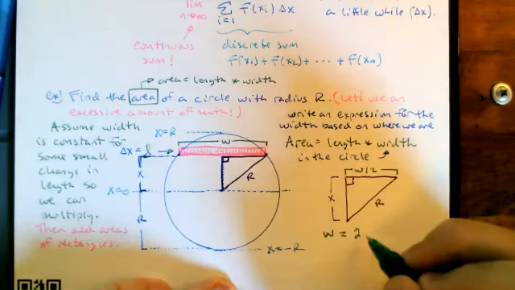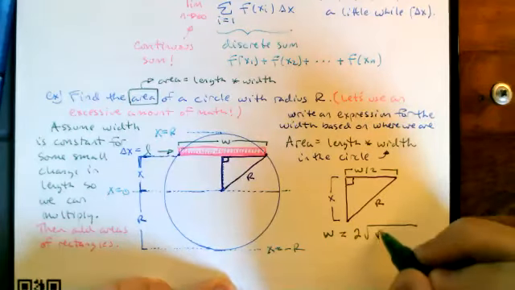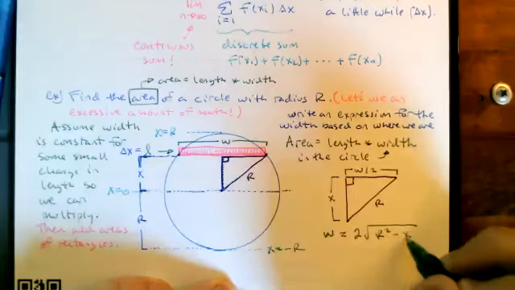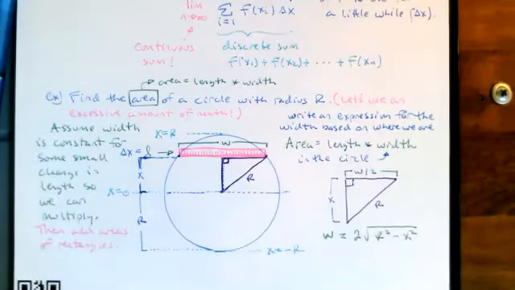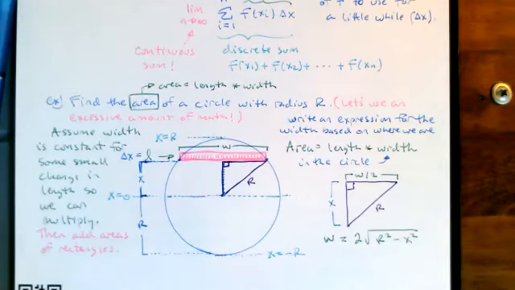It's going to be 2 times the square root of r squared minus x squared. I just used the Pythagorean theorem. So I have the square of the quotient of W over 2, plus x squared, equals r squared.